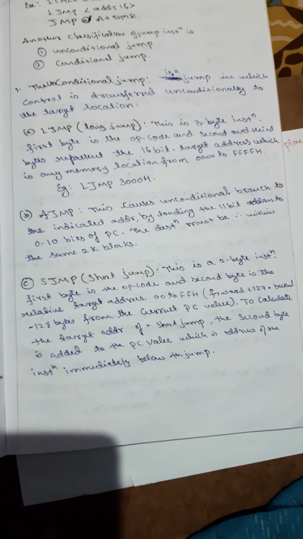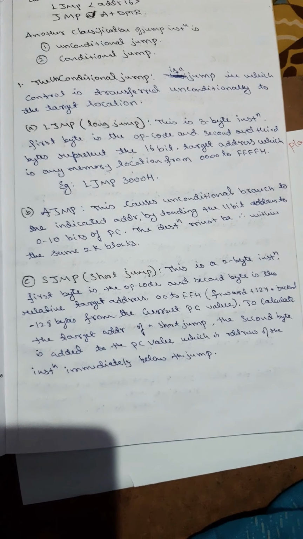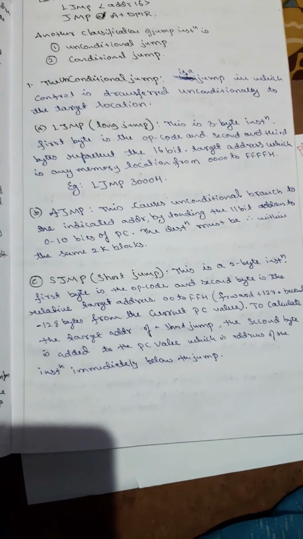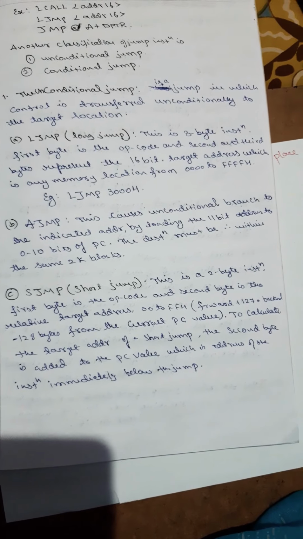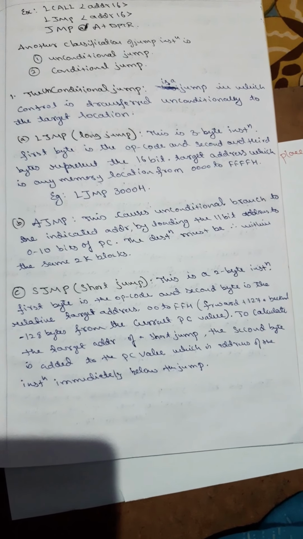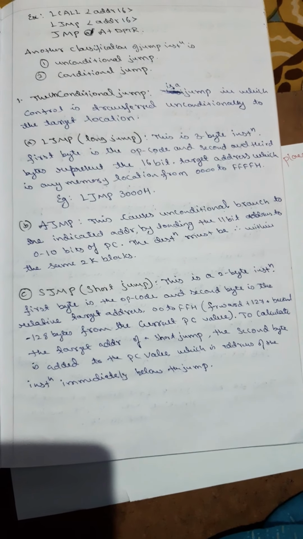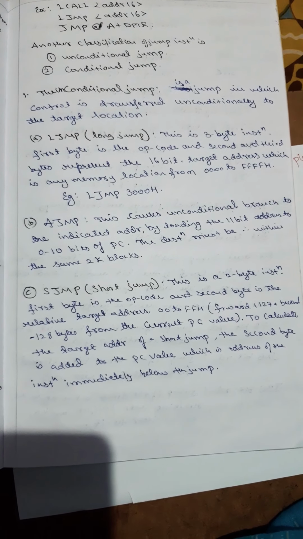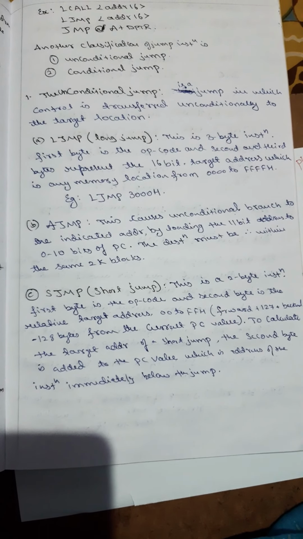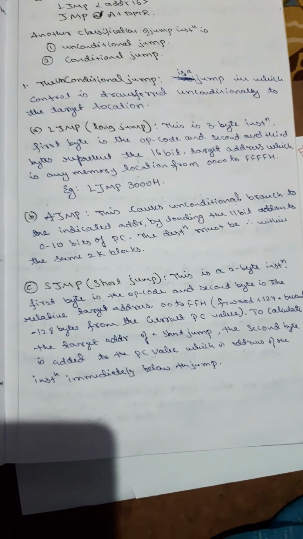Unconditional jump is one in which the control is transferred unconditionally to the target location. Conditional jump is one in which the jump is transferred to the specified address location within the program. In the unconditional jump there are three kinds of jumps, that is long jump, absolute jump and short jump.